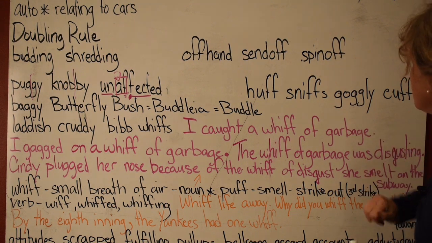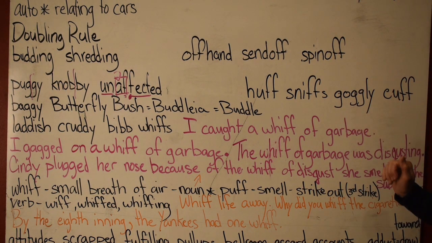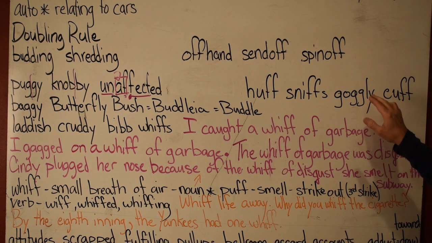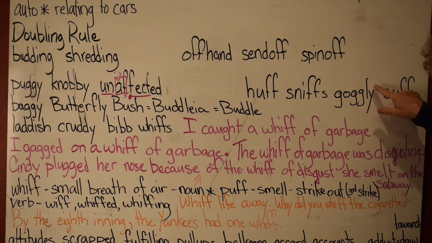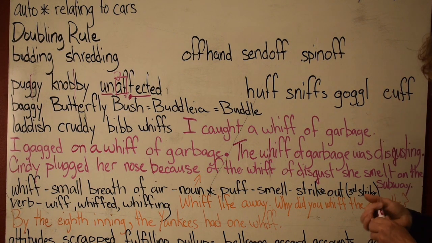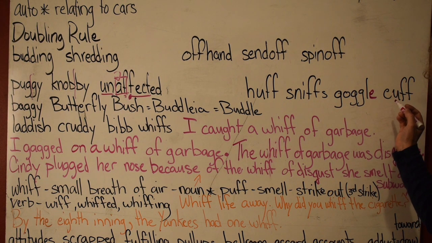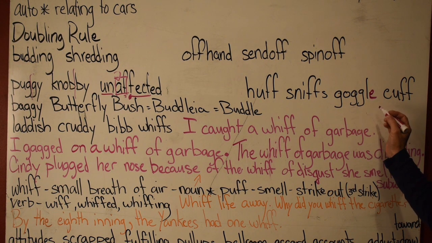Sniff is your base word. Goggly. Why do you think this is doubled, guys? Now this right here is really important. This is a suffix. So if you take that off, this actually had an E at the end. So what does the word say? Goggle.